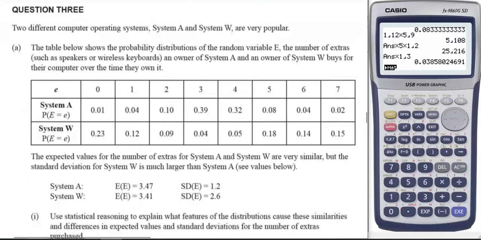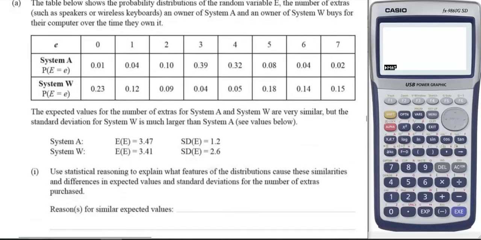Okay, question 3. We've got the probability of buying extras for your computer, whether you're using System A or System W, on these two different computer operating systems. Use statistical reasoning to explain what features of the distributions cause the similarities stated above and the differences in expected values and standard deviations for the number of extras. The similarity is that we have the expected value being fairly close to each other for both systems.